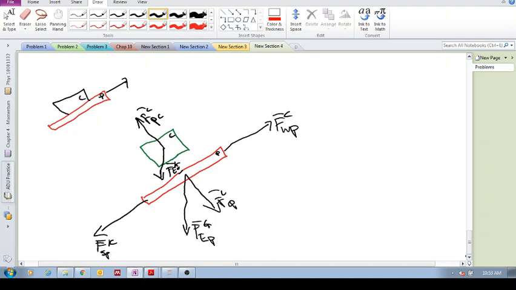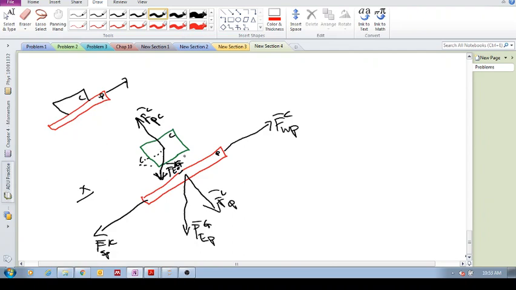Now, this is where it gets interesting. Because if you look at this object, the crate, if you just had these two forces, you can see that this gravitational force has a component along this x direction, and it has a component in the y direction.